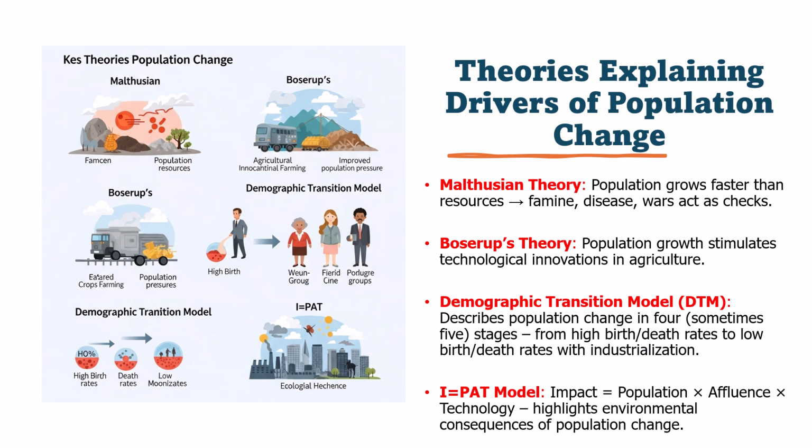The demographic transition model outlines how societies move from high birth and death rates to lower ones as they industrialize, passing through distinct stages of growth. The IPAT model links population, affluence, and technology to environmental impact, highlighting how human choices and lifestyles shape both demographic trends and ecological consequences.